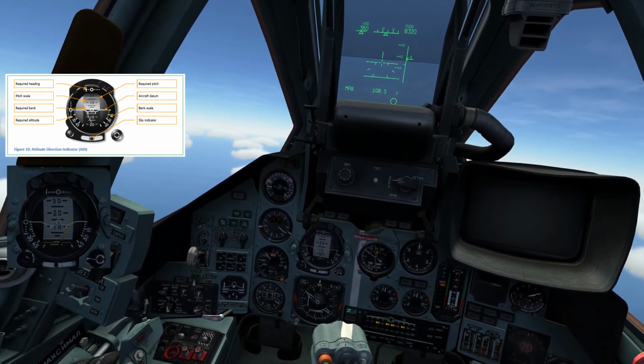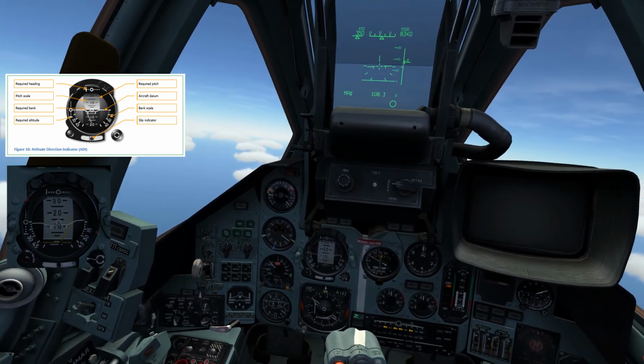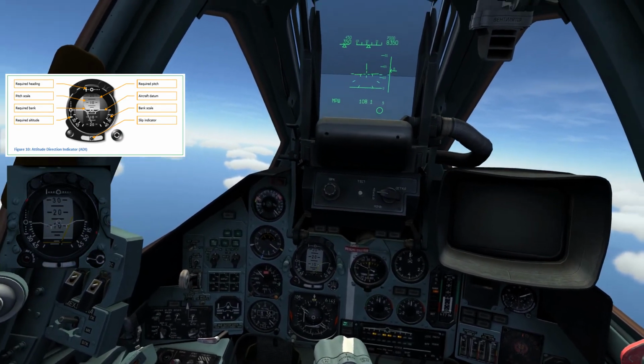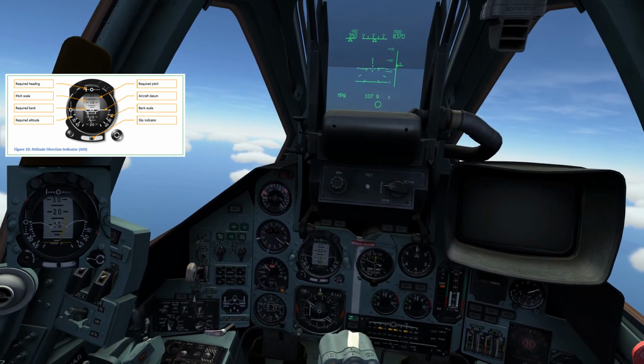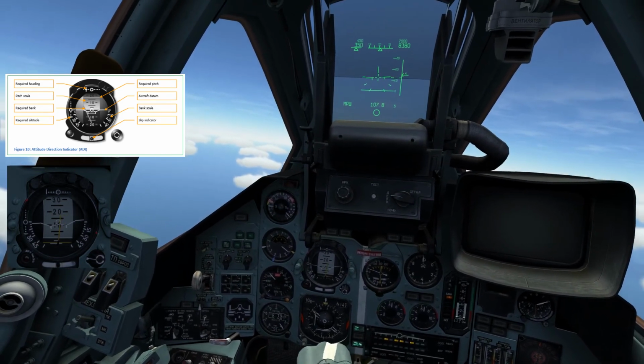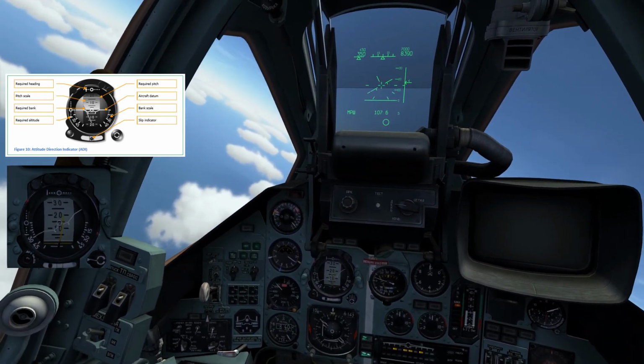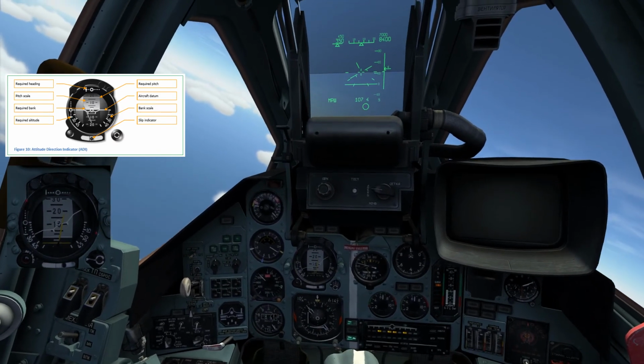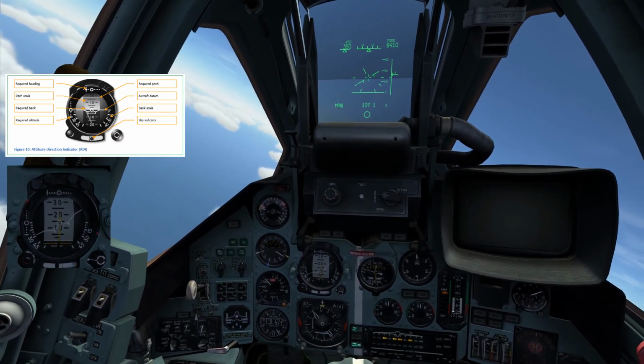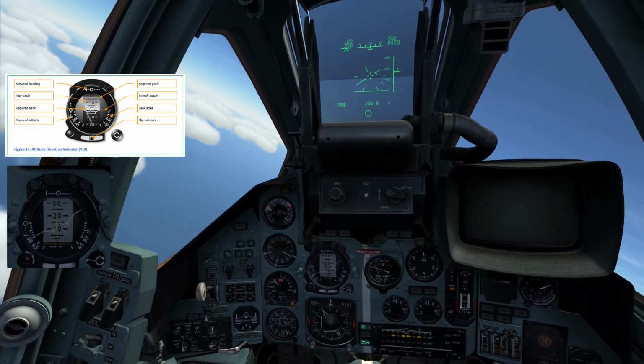Now if I fly a heading that's in between them, so that the required bank needle is to the right and the required heading needle is to the left, I'll intersect that line. And as you can see, I'm already starting to intersect that line.